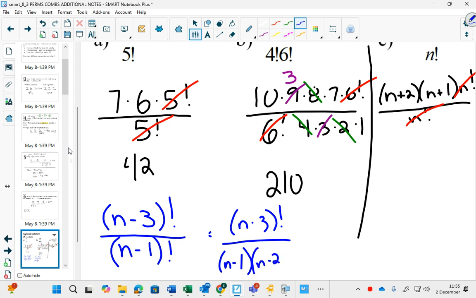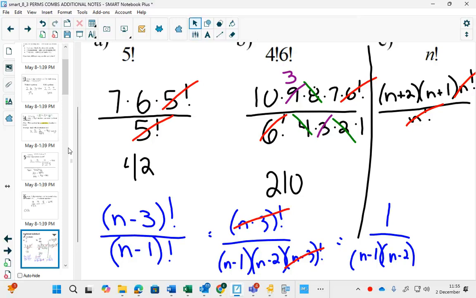N minus 2. What's 1 less than n minus 2? N minus 3. And then you would stop and go, cancel them out. And we're left with 1 over n minus 1, n minus 2. So we can simplify our factorials that way.